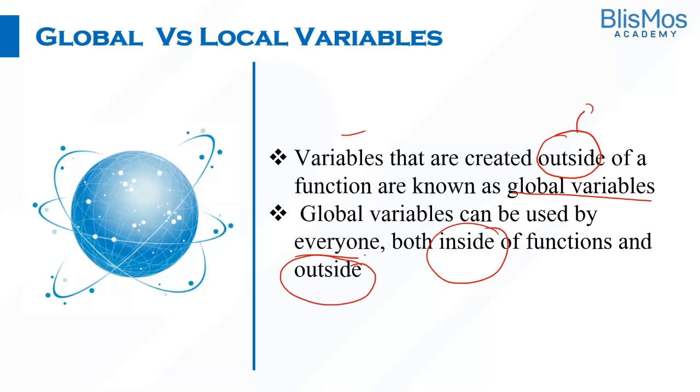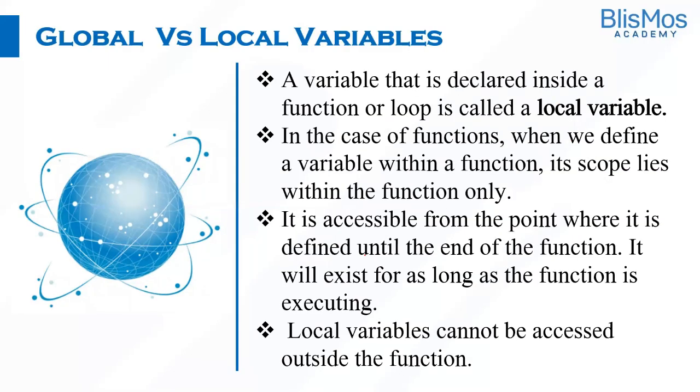On the contrary, a variable that is declared inside a function or a loop is called a local variable. If we define a variable within a function, the scope of the variable is within that function only.